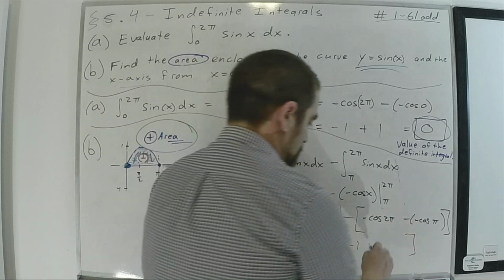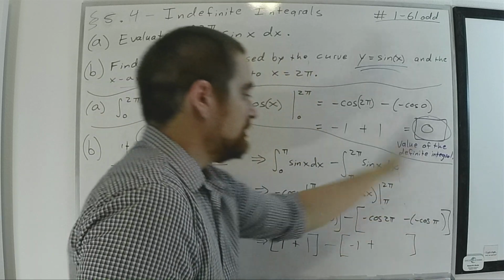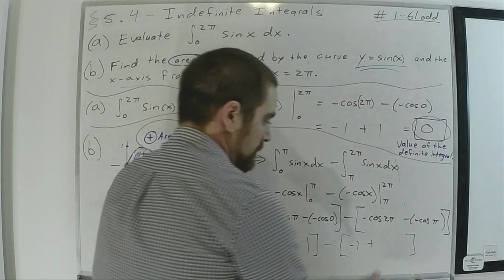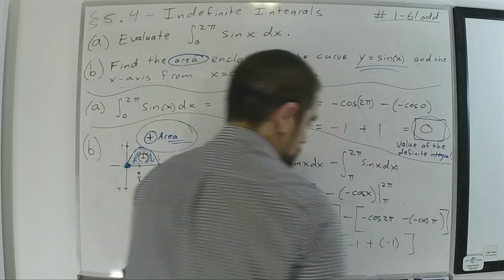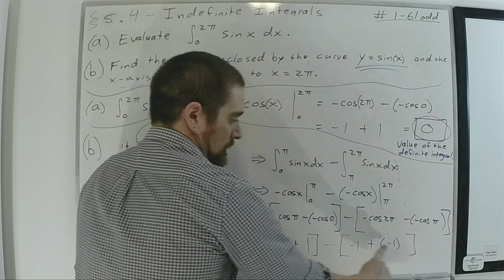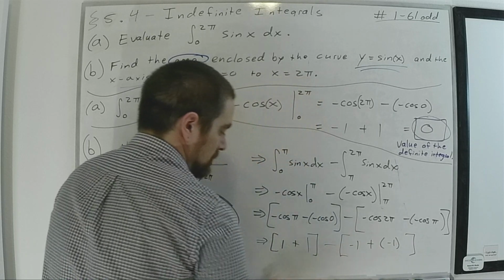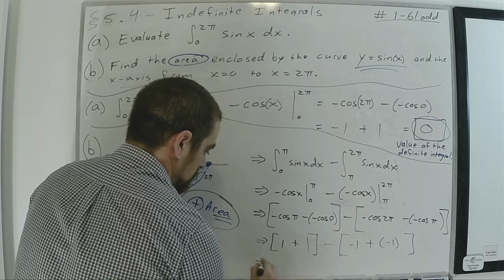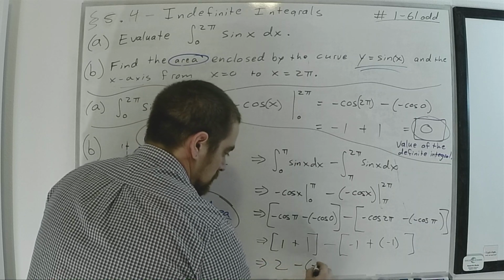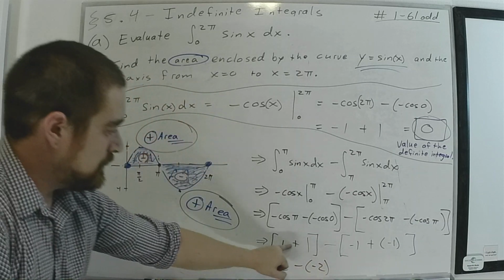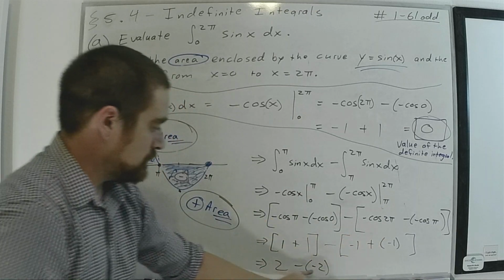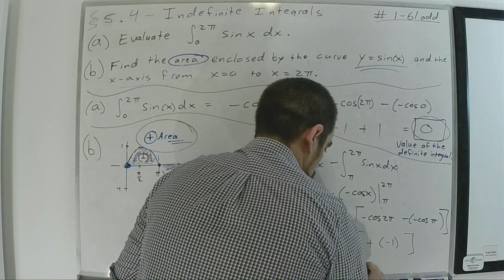Minus minus is a plus. Cosine of pi is negative 1, so I'm adding negative 1, aka negative 1 plus a negative 1, that's a negative 2 that I'm subtracting. Here's a 2. 2 minus negative 2 is 2 plus 2, which is 4.